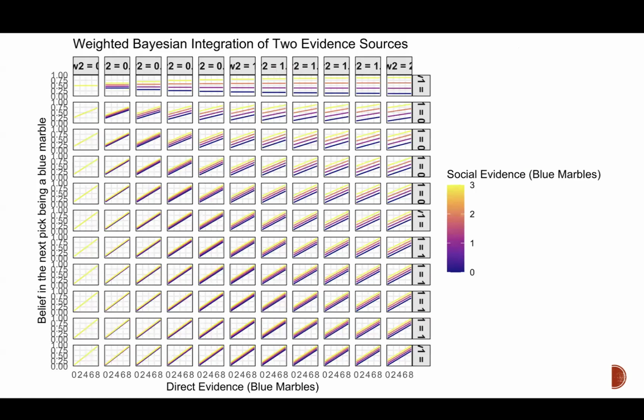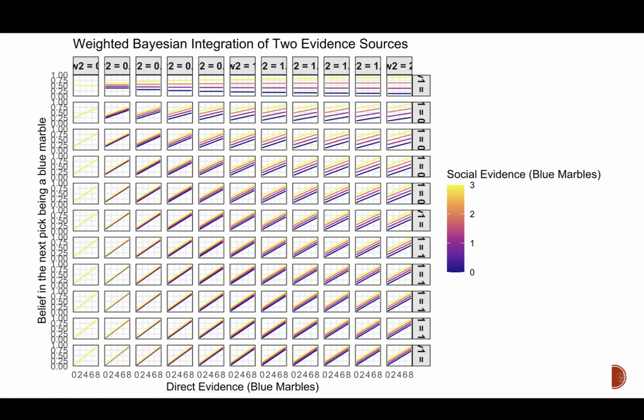We then do the full set of scenarios here. So we're seeing in the x-axis the direct evidence, 0 to 8. On the y-axis, the belief in the next pick being a blue marble. Now I cannot see it very well, neither can you, but it's better in the course notes.